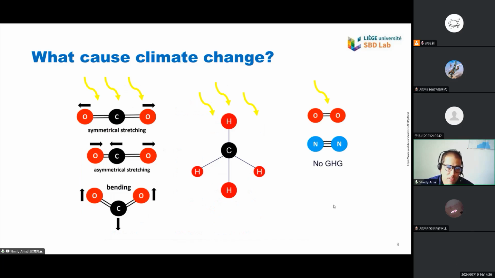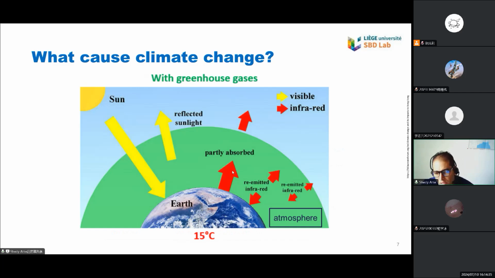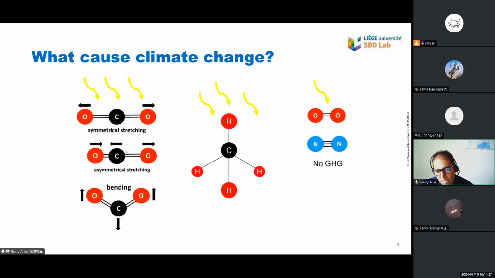Now, when we look at the causes of climate change, what's happening is that with the increased heat and the reflected infrared radiation, we are forcing the oxygen to bind with carbon because we are emitting a lot of carbon, and this carbon is resulting in a bonding, and this bonding creates a new compound, which is CO2, carbon dioxide.